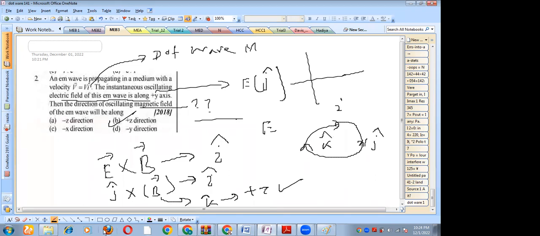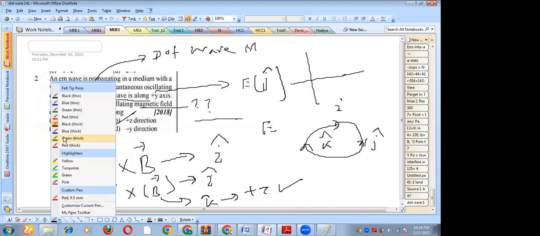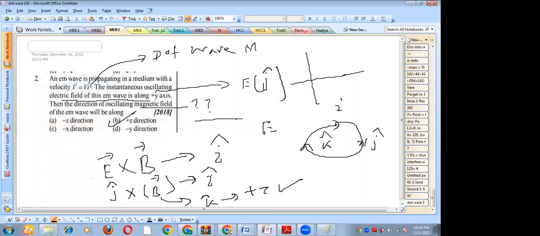So here I will explain again how this comes. We know that E cross B is equal to the direction of wave motion. In the question it is given that the wave is going along the x direction, so it will be i, and the electric field is given along the y direction, so it should be j. What should be the direction of the magnetic field such that its cross product will produce i?